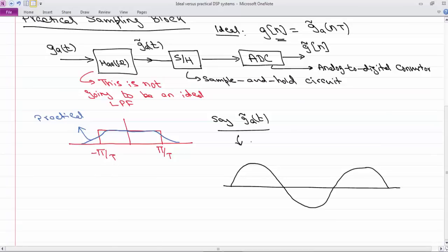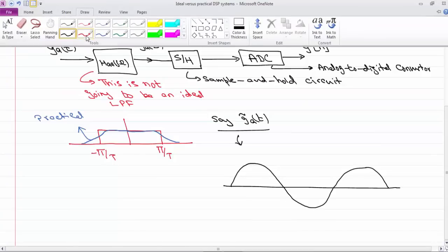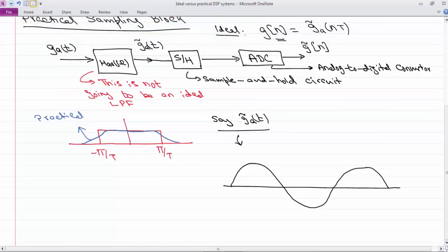Ideal sampling says that when we sample it, without loss of generality, we start sampling at t equal to 0, then t equal to T, t equal to 2T. You will store this value, this value, the next value at t equal to 3T, and so forth.